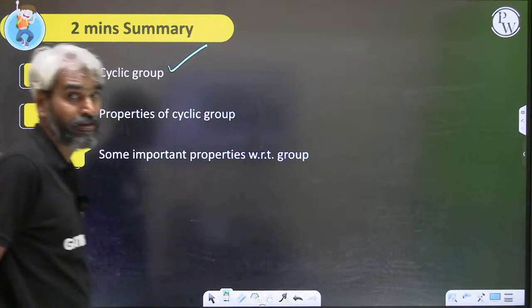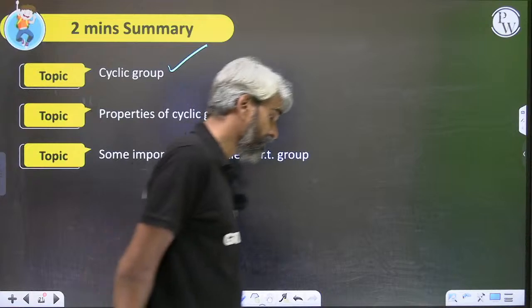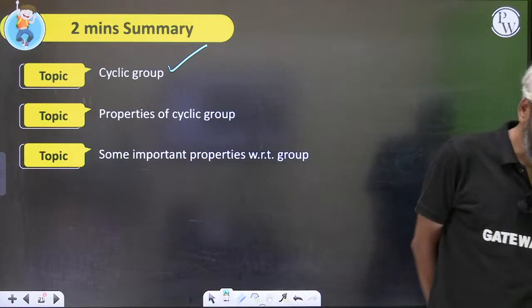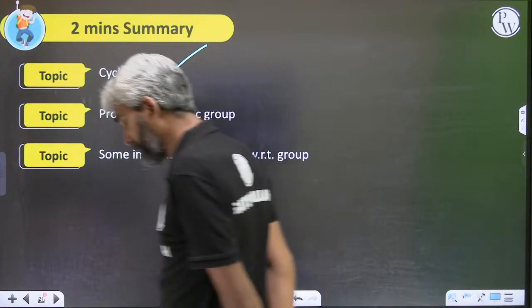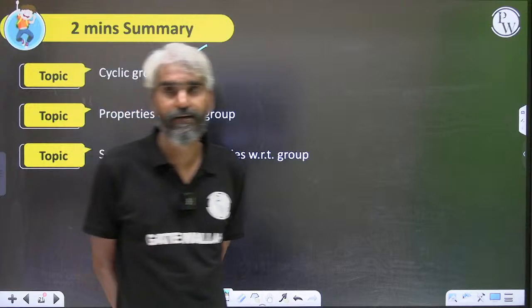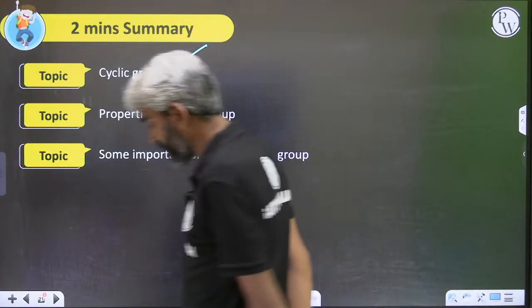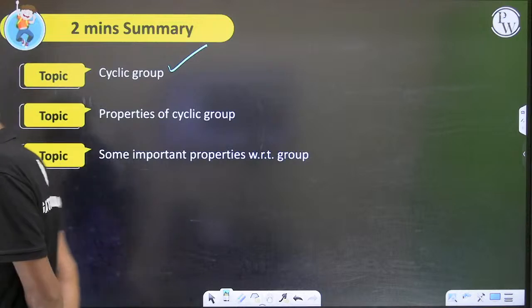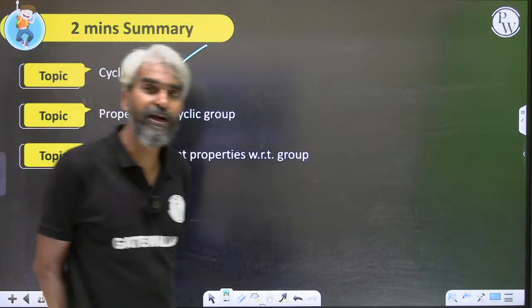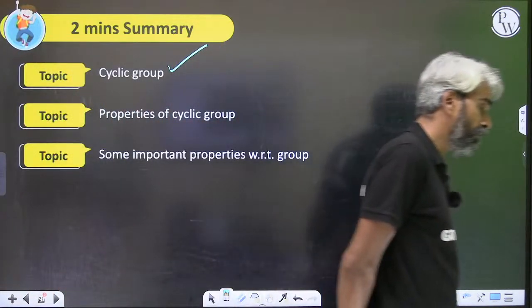Order of the generator will be same as the order of the group. Now, if element a is the generator, a inverse will also be the generator. If there exists at least one element in the group whose order is same as the order of the group, then the group is guaranteed to be cyclic. If there is no element whose order is same as the order of the group, then it cannot be cyclic.